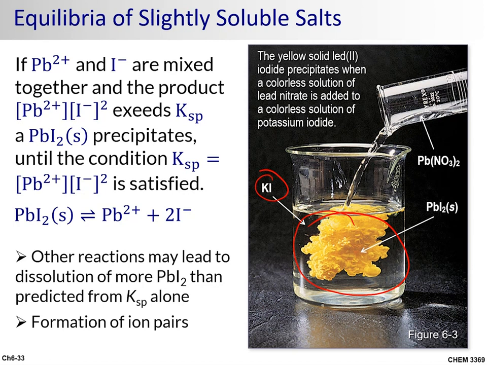Okay. So in this particular example, the solids that can be formed are PbI2, right? That's one solid, and the other solid is potassium nitrate, KNO3.